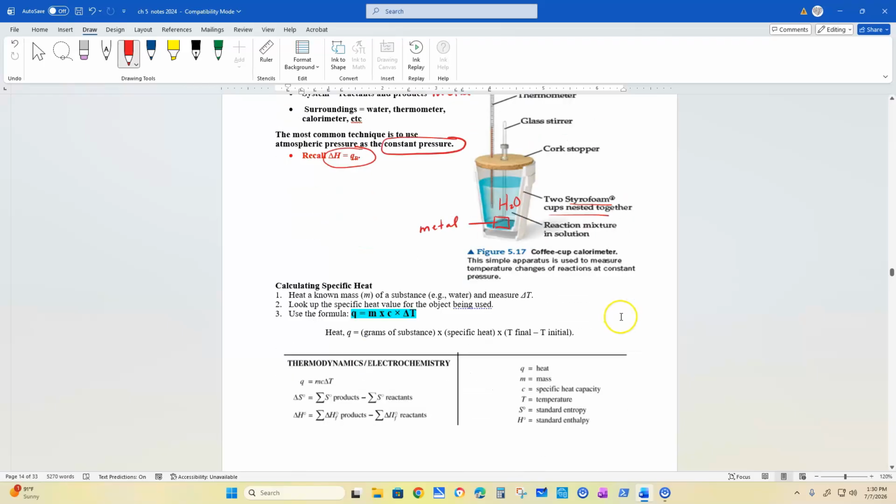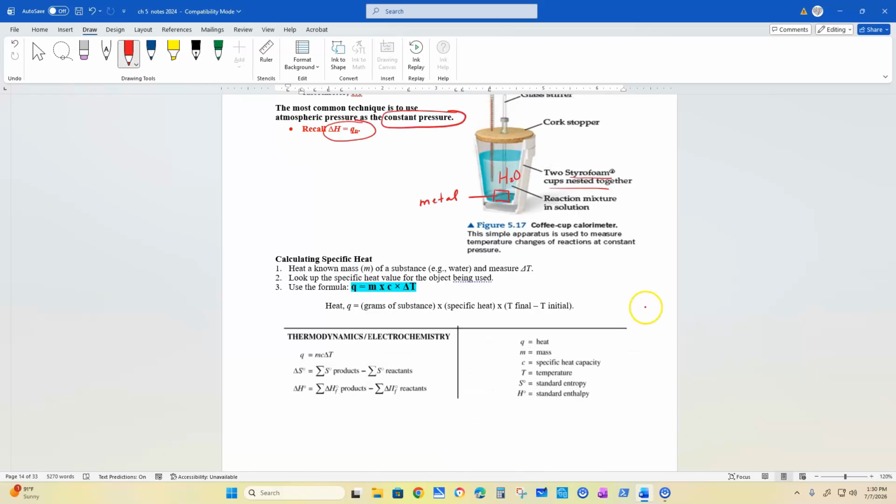So we have an equation for calculating specific heat. We've got to know the mass, in grams. We've got to know who the chemical is so we can look up its specific heat. Notice it's little c, joules per gram per degree Celsius. And then we've got to know delta T, the final temperature minus the initial temperature.